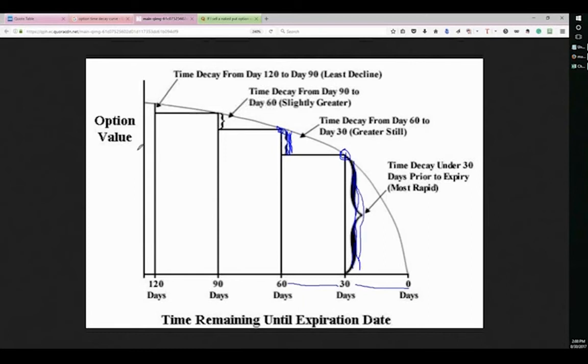This is the option value. So who wants to have the smaller amount? Raise your hand. Who wants to have the larger amount? Raise your hand.